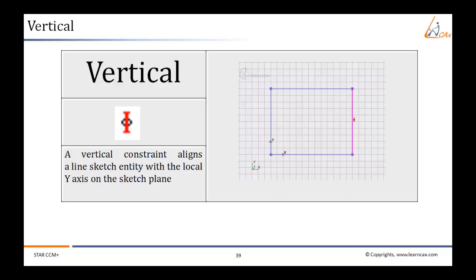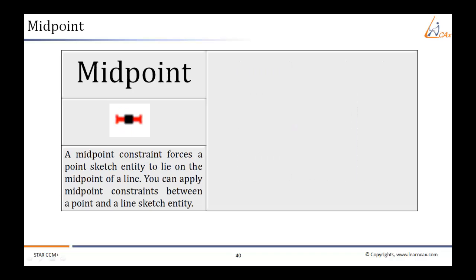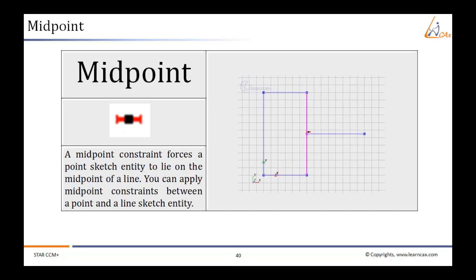The next tool that we will discuss is the Midpoint constraint tool. This constraint forces a point to lie exactly at the midpoint of a line. This is used for a line and point combination. As shown in the figure, we have fixed the point to be positioned at the midpoint of the right edge of the rectangle sketch.